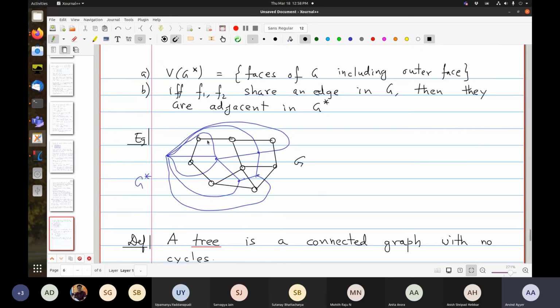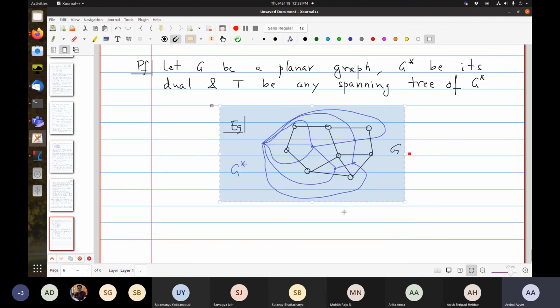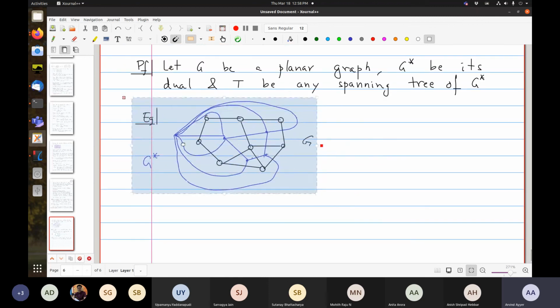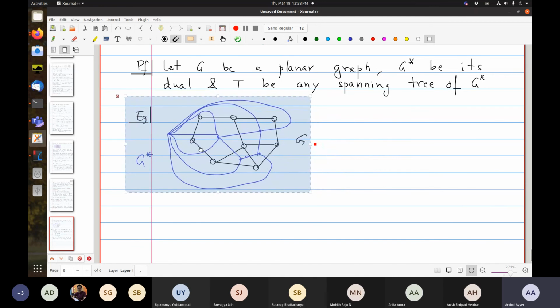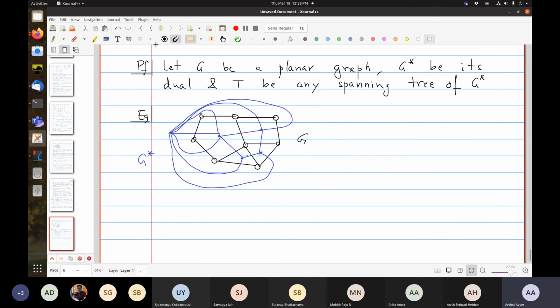Maybe it's a good idea to do a running example. So here is my running example, and let me draw a spanning tree in some glaring color.